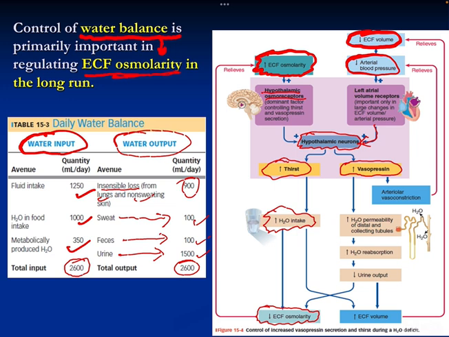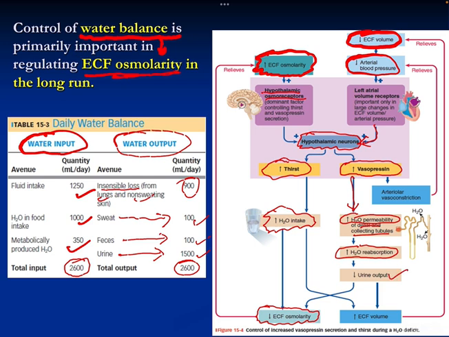This antidiuretic hormone goes to the nephron, especially the distal convoluted tubule and collecting duct, which enhances the water permeability. So more of the water is reabsorbed, and there's less urine output.